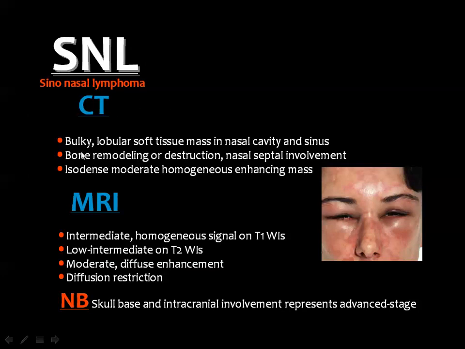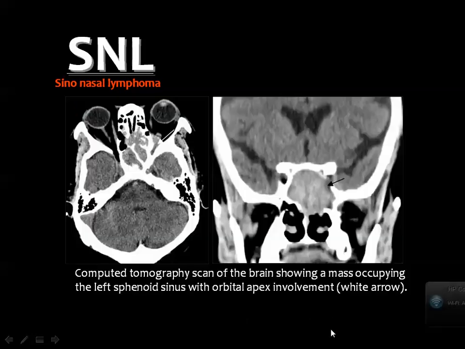By CT, lymphoma will show a bulky soft tissue mass which destroys the adjacent bones, and it will show almost homogeneous post-contrast enhancement. Similar findings are also seen on MRI. And this is a lesion which is destroying the posterior ethmoids, filling the sphenoid sinus with erosion of the sinus floor as well as the left lateral wall, and it was proved to be lymphoma.